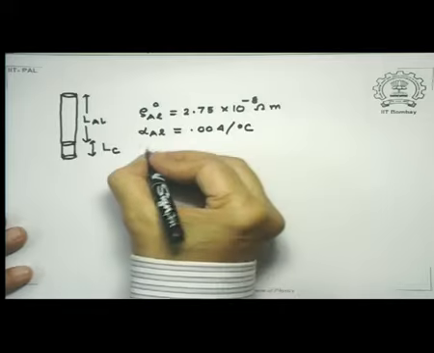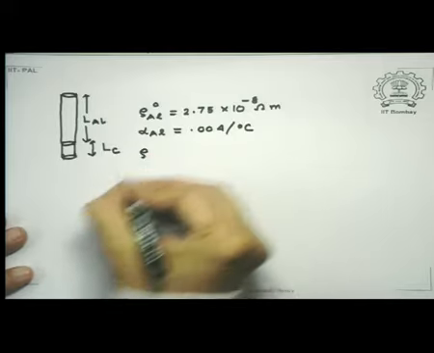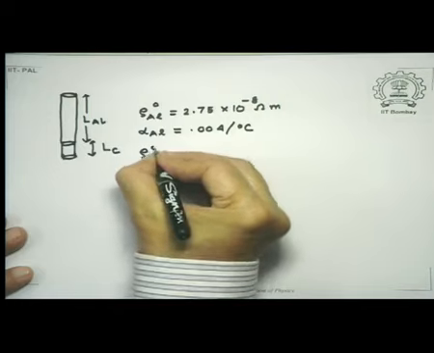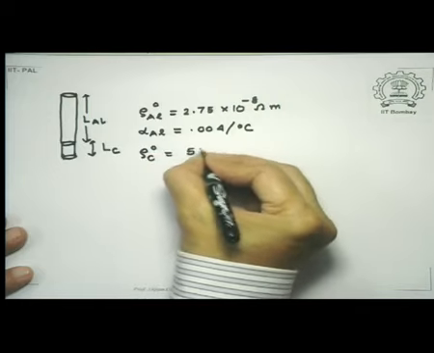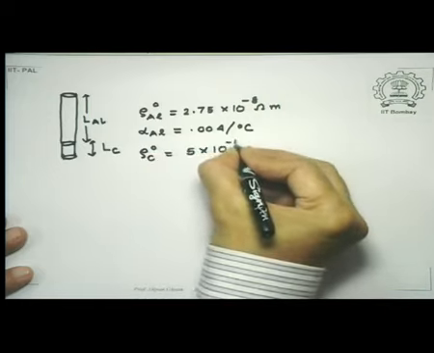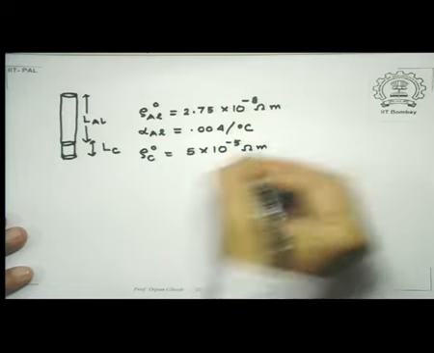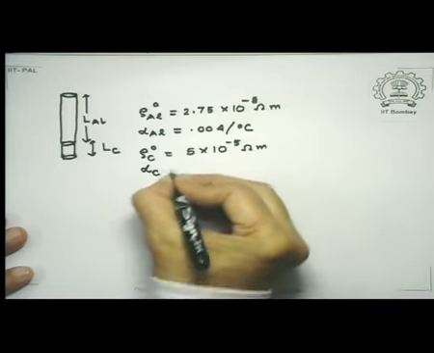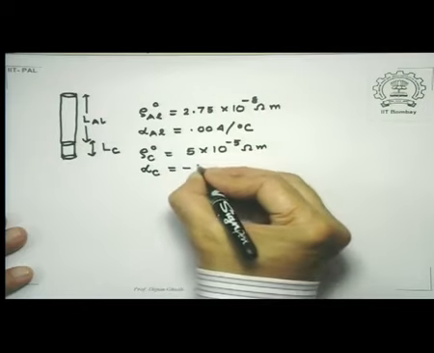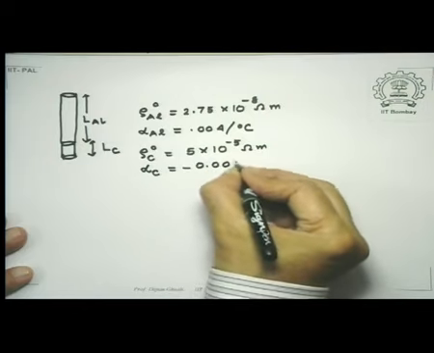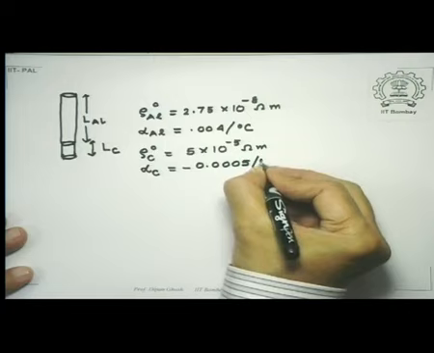The corresponding data for graphite is 5 into 10 to the power minus 5 ohm meter, and alpha for carbon is negative 0.0005 per degree centigrade.